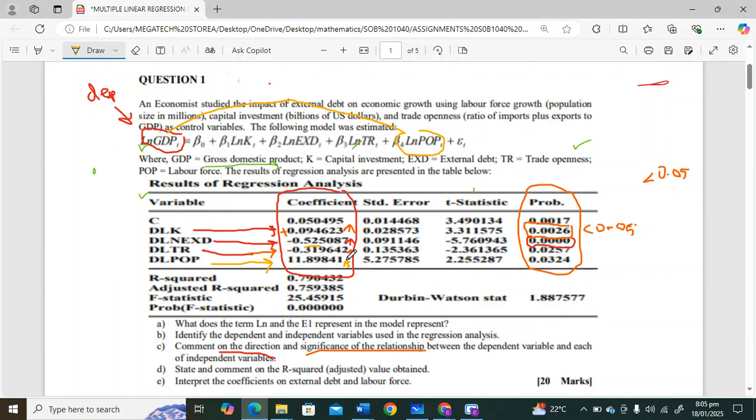So if the labor force increases by 1 unit, GDP is going to increase by 11.89%. And the significance, since it's less than 0.05, it means the labor force does affect the GDP.